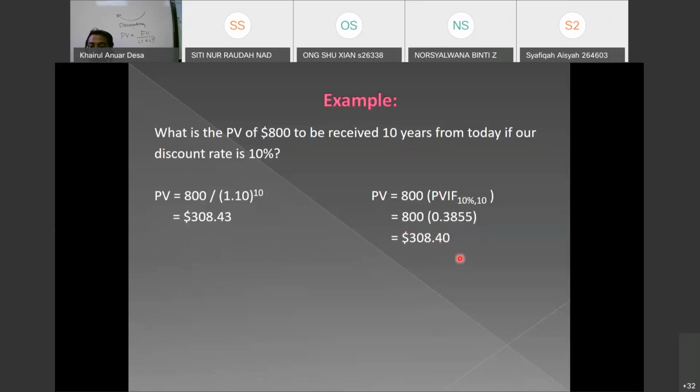Okay, slightly different. This is from calculator. This is from table. Nampak ada sedikit perbezaan sebab di jadual we only use 4 decimal point. Okay, tak boleh nak tulis decimal point yang panjang-panjang dalam table, nanti tak cukup. Okay, any question here? Ada soalan?